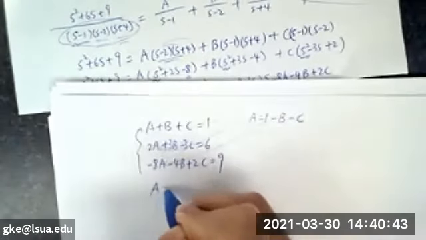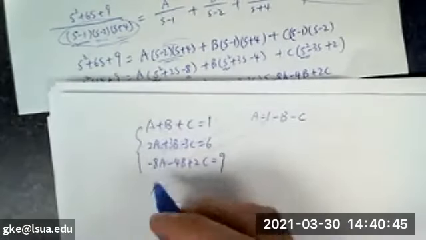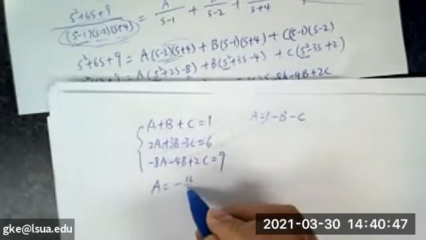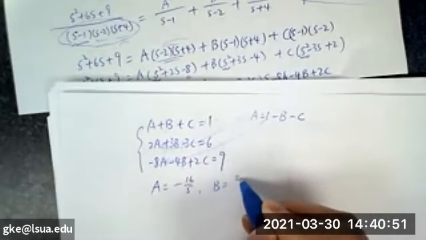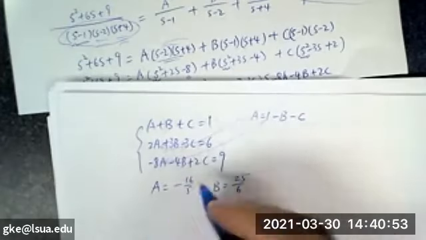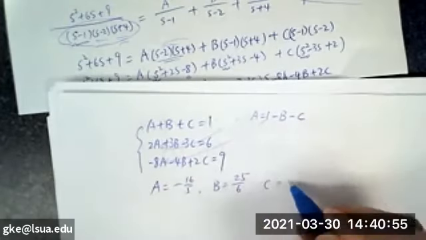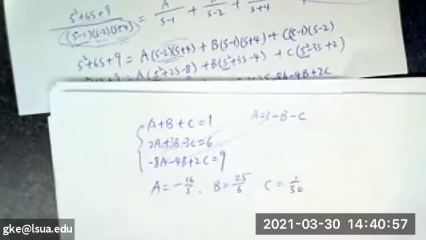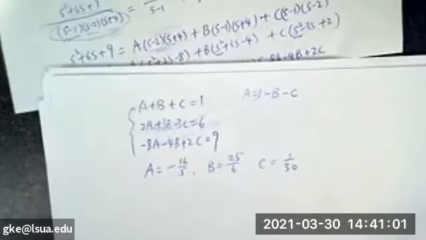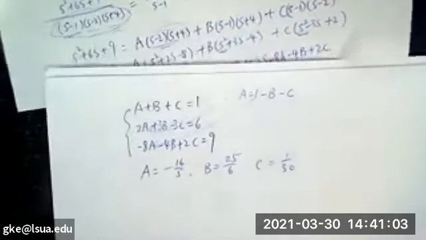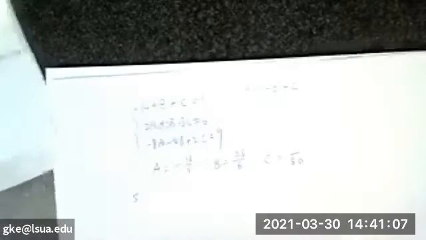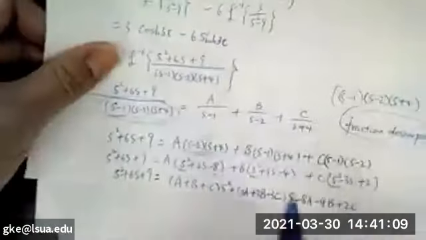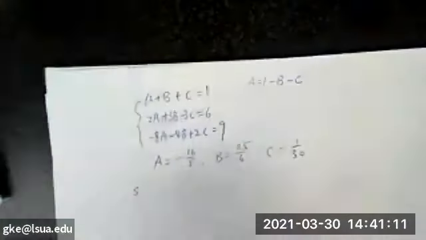I give you the answer: a equals negative, b equals 25 over 6, c equals 1 over 30. Okay, 1 over 30. And now you can write down, we plug in that.